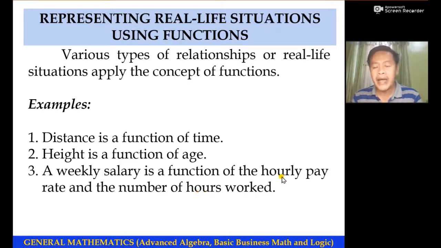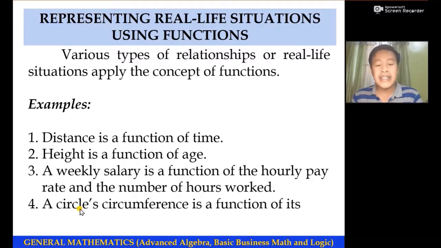And for that day, you are going to compute, if the hourly pay is, for example, 300, and for one day you will be working, for example, 8 hours, you're going to multiply 300 by 8 hours. Then how many days are you going to work for a week? And that will be your weekly salary. Therefore, weekly salary is the dependent variable and hourly pay and the number of hours worked are the independent variables.